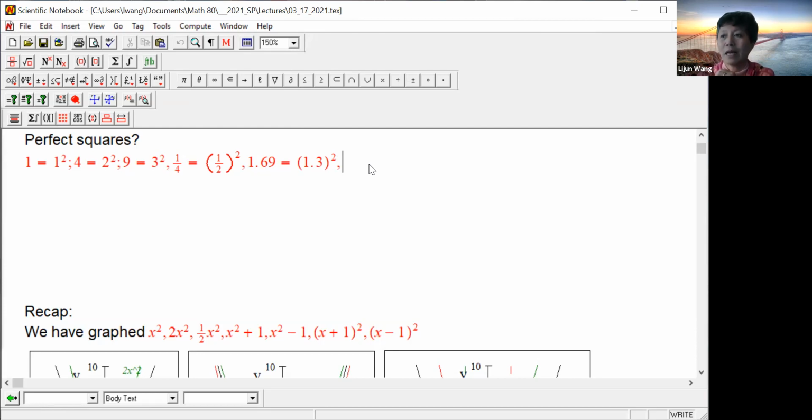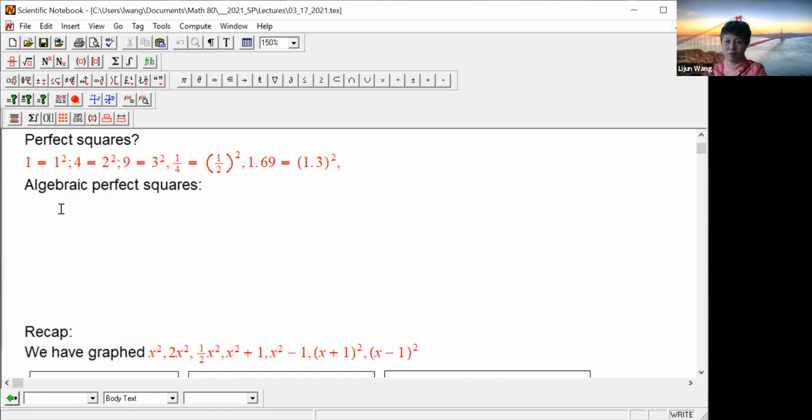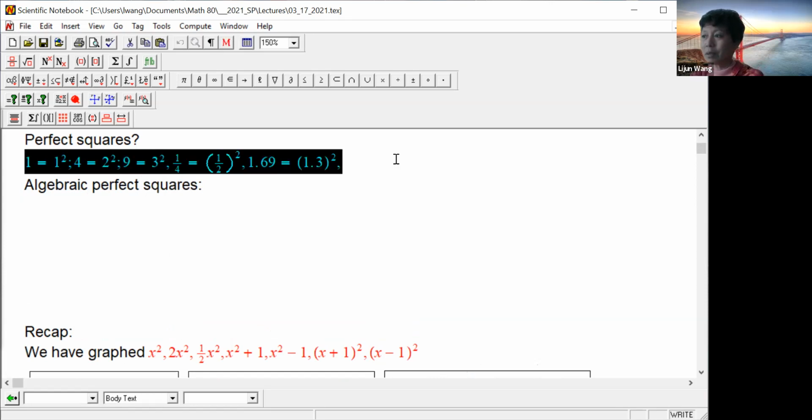Now, that's perfect squares as we knew them in numerical value, where we know the value. But we also have an algebraic form: algebraic perfect squares. So these are single numbers.